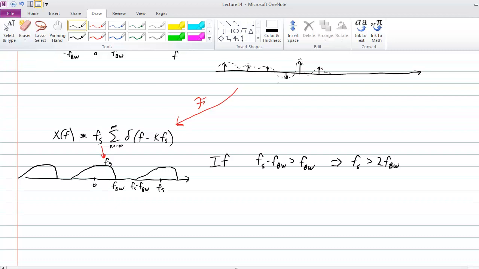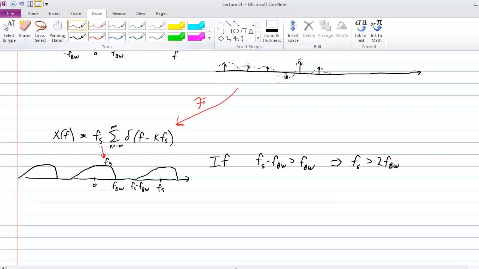The Fourier transform of the delta function train has fs in it. When we derived it, it had the 1 over Ts, and I'm just replacing that with fs.